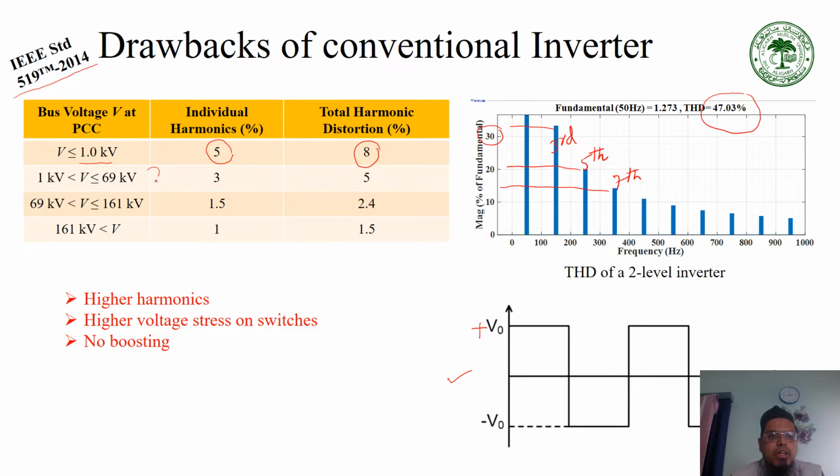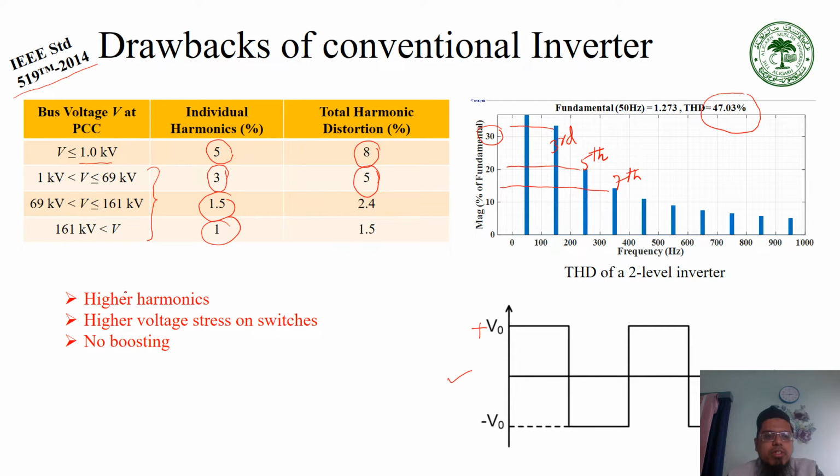And for higher levels, we have again more stringent conditions, like for voltages lying between 1 kilovolt to 69 kilovolt, we should have individual harmonics less than 3%, and the total harmonic distortion should be less than 5%. Similarly, for even higher levels, the conditions are more stringent.